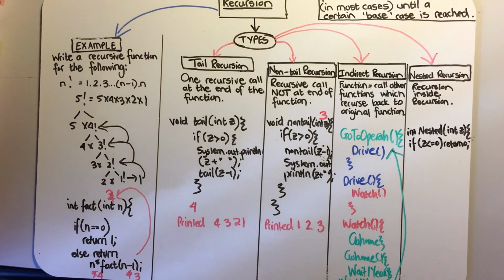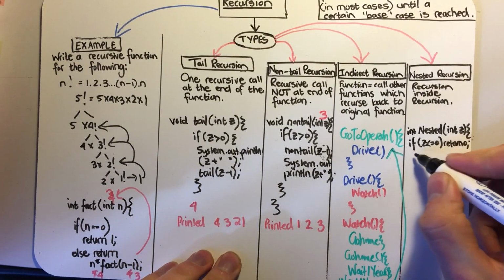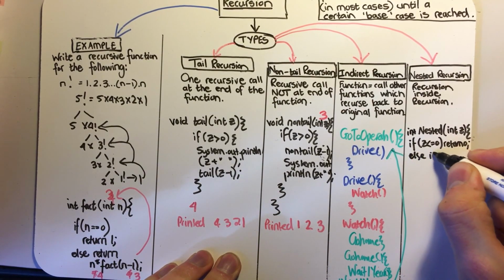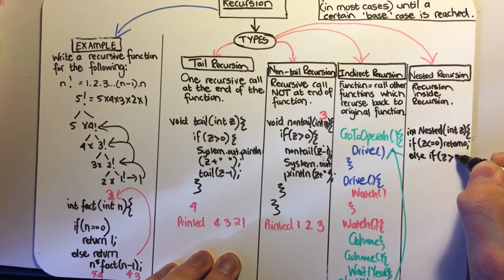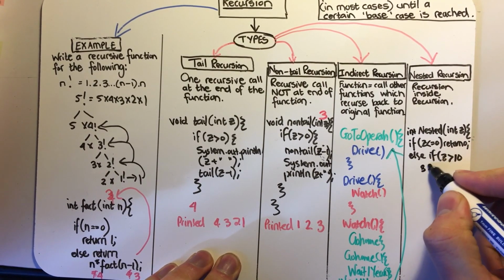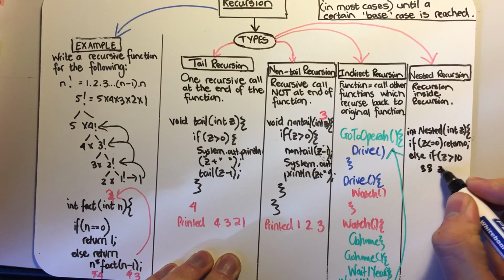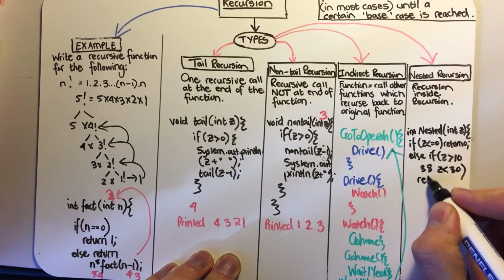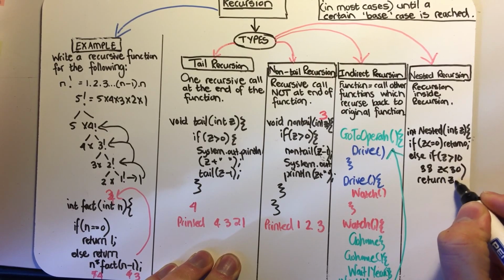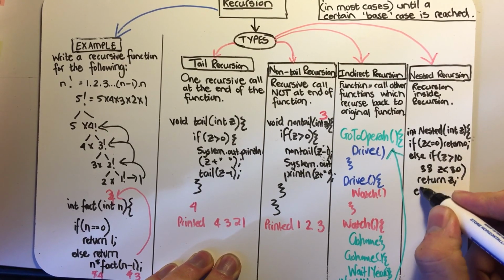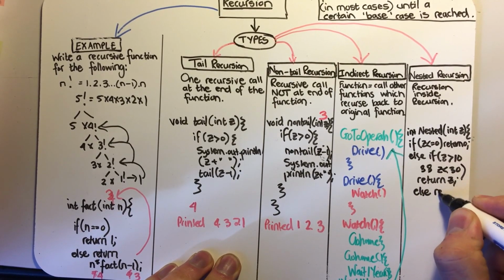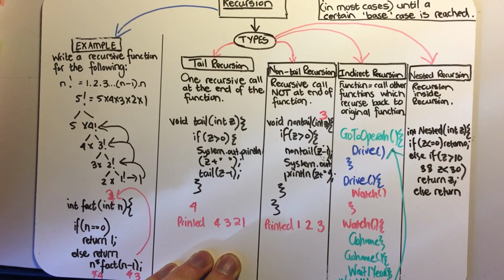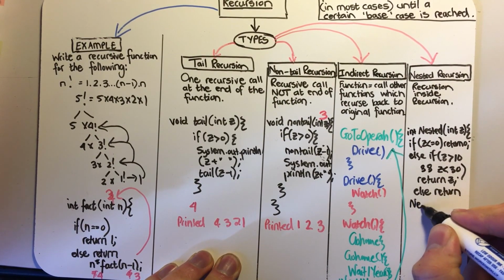That is our base case. Else, if z is greater than 10 and z is less than 30, return z. Else, return nested.